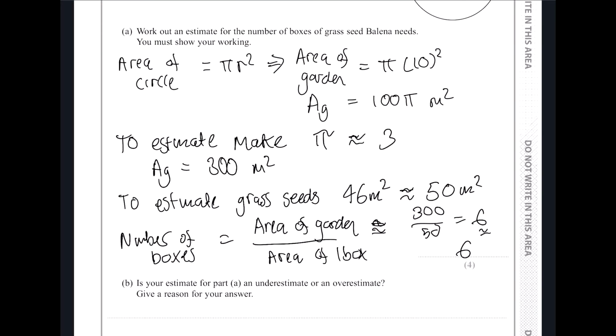So in our answer we had to divide them, and notice our area of our garden, we actually made it smaller, because in fact the real value of pi is 3.1415 and so on. So by removing all this and just using the 3, we've made our answer smaller.